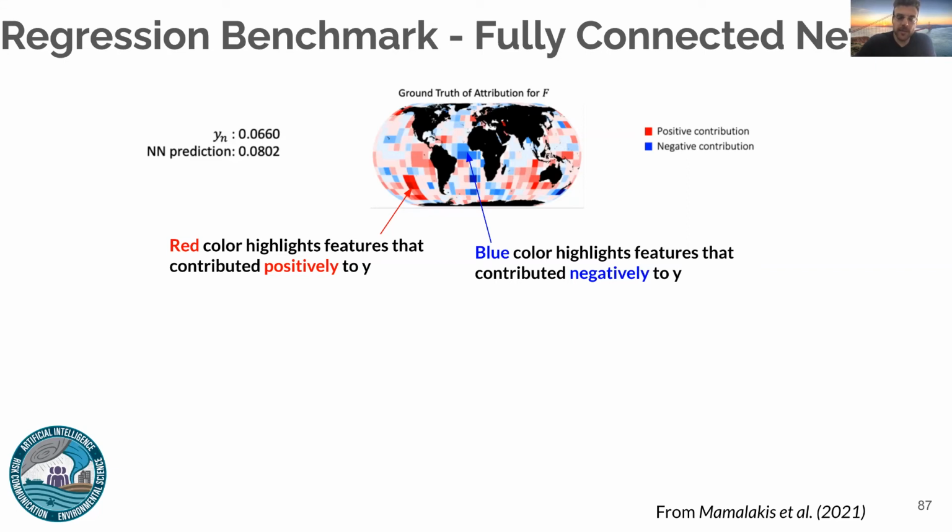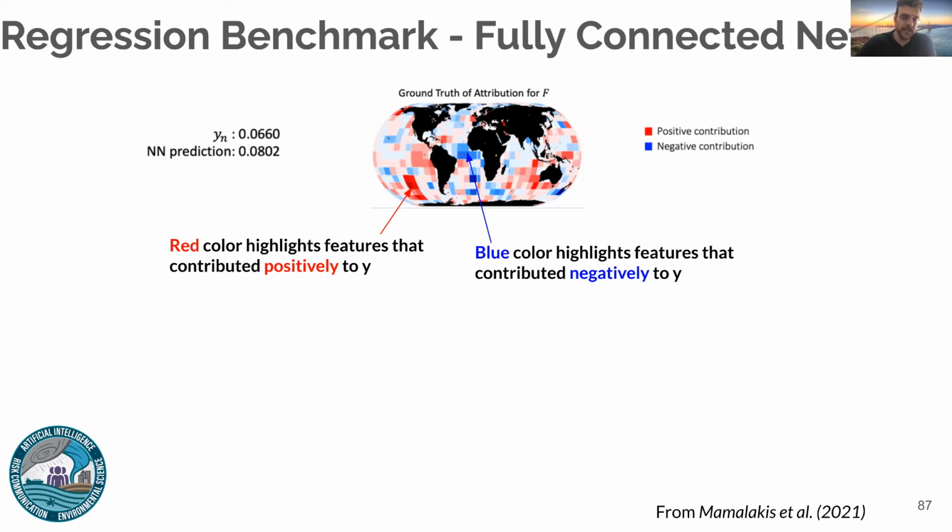In this example, the value of y is 0.066. The prediction from the network is 0.0802. Quick note here: the network that we have trained to approximate function f explains more than 99% of variability. This is a huge number for a nonlinear function.